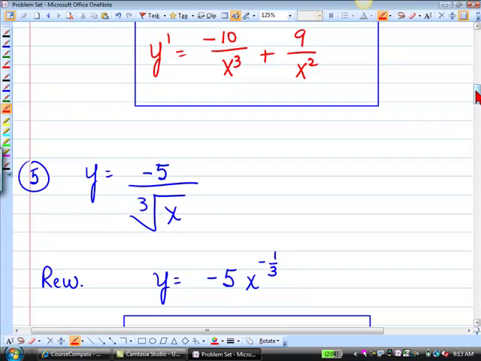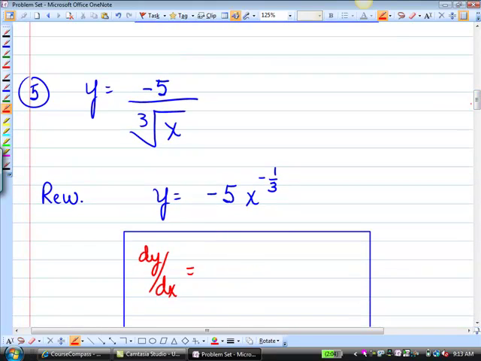Number 5, is that not the problem you have, or is it? It is? Okay. I knew I changed something somewhere. All right, y equals -5 over the cube root of x. Well, just to make it easier, you want to make it, number 1, not a fraction, and then use the negative exponent so that you have just this one line, no radicals, no nothing. Then it should be easier to write the derivative.